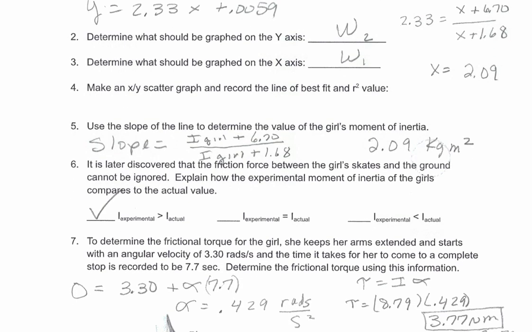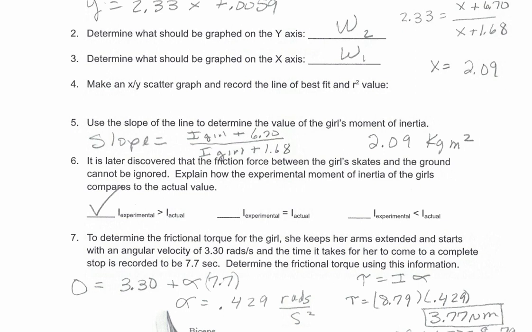Now to determine the frictional torque for the girl, we just simply let her start rotating and we measure the time for her to come to a complete stop. So that makes it pretty easy for us to do. So what we've got then is omega final, which is 0, equals omega initial plus alpha t.